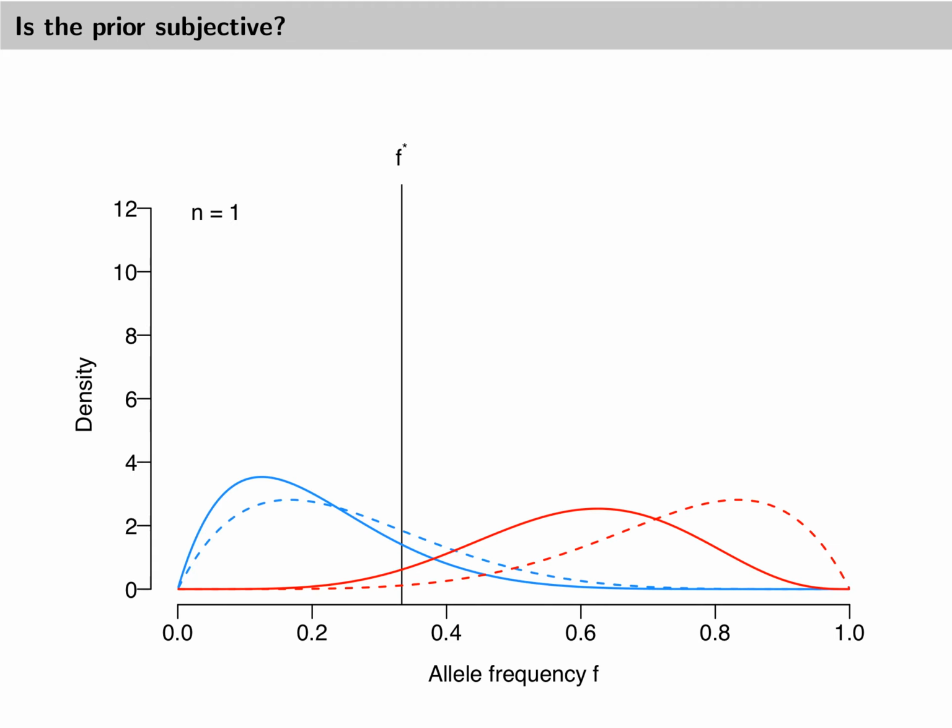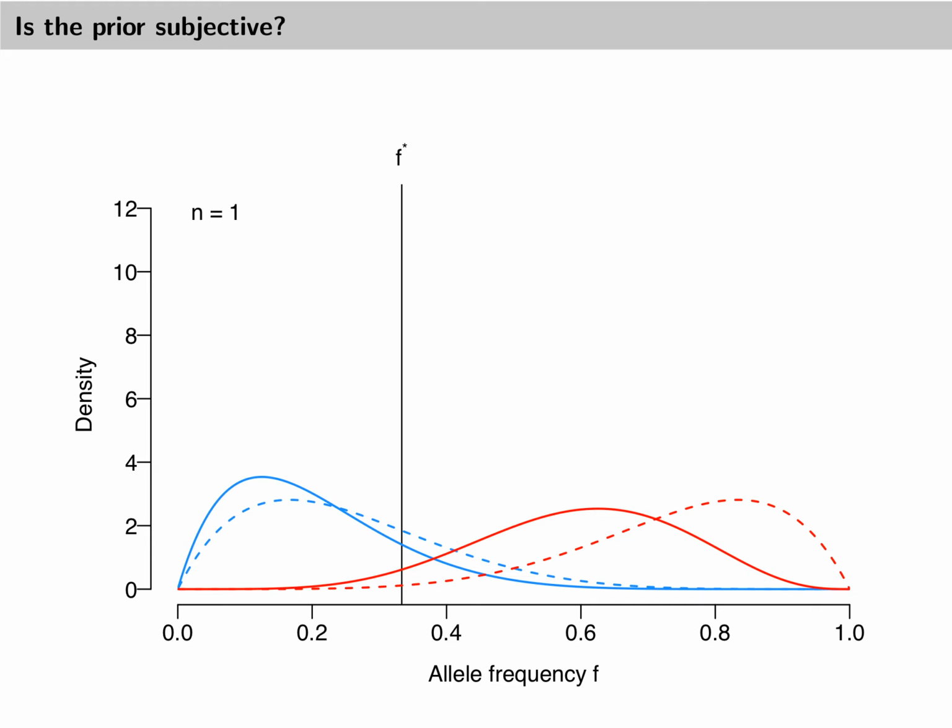Shown here are two posterior distributions, one in red and one in blue, obtained for the same data with two different priors, also shown in red and blue with dashed lines. The simulated data in this case consisted of a single genotype, and a single genotype obviously does not have a lot of information. As a result, the two posterior distributions obtained actually match the initial prior distributions relatively closely.